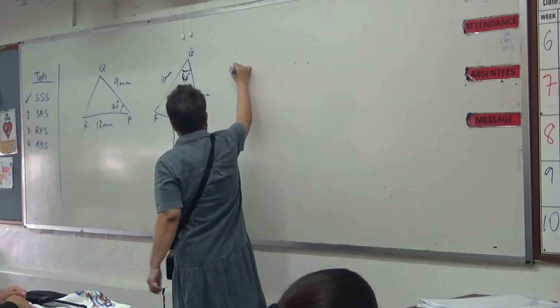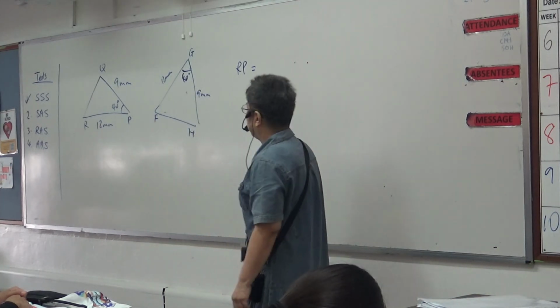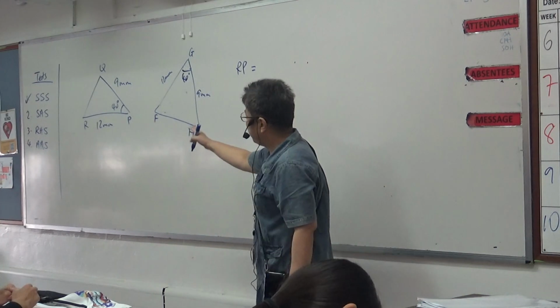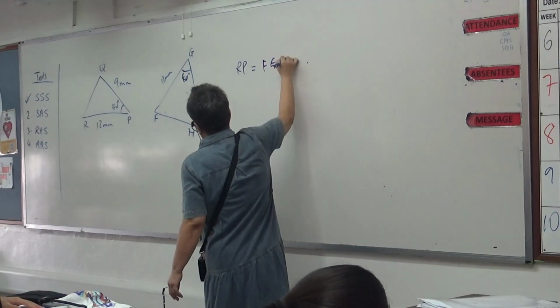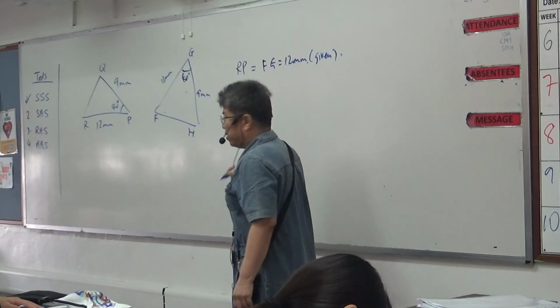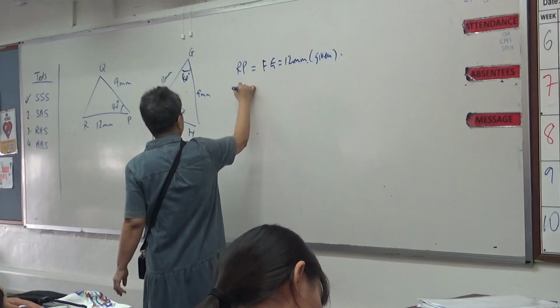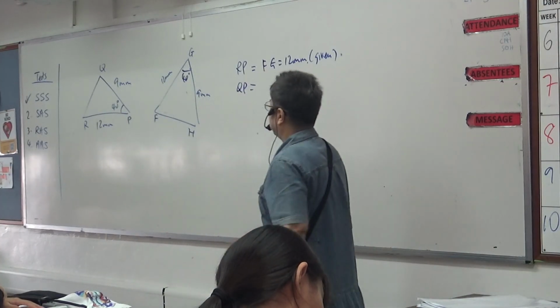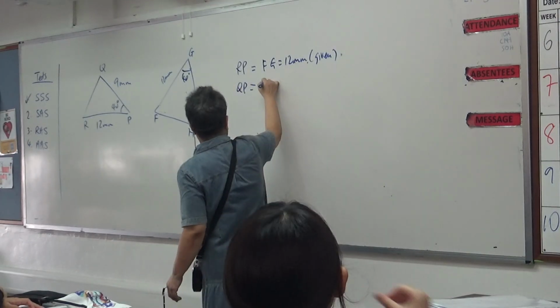Now, first of all, RP is equals to what? RP, go in order. RP, FG, very good. Equals to 12 mm, this is what? Given. What about QP? QP with what? HG, very good.